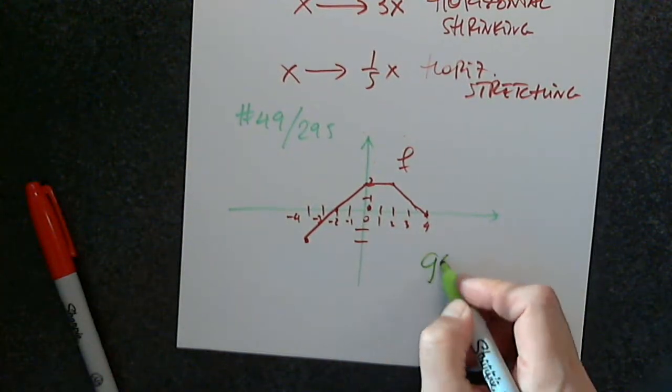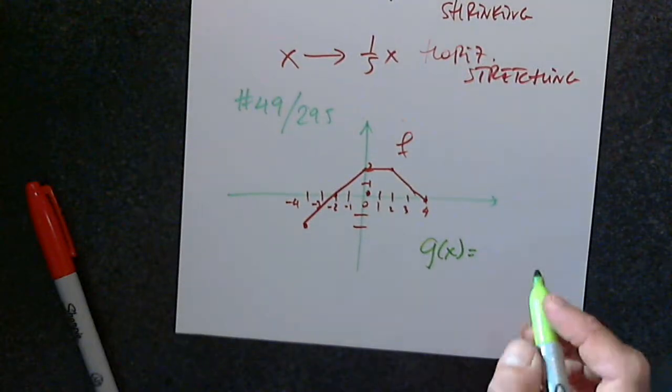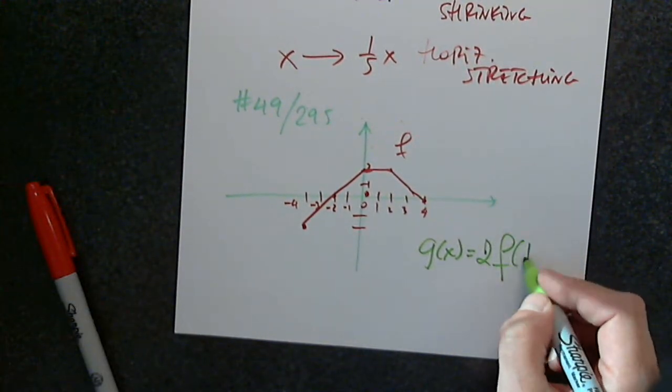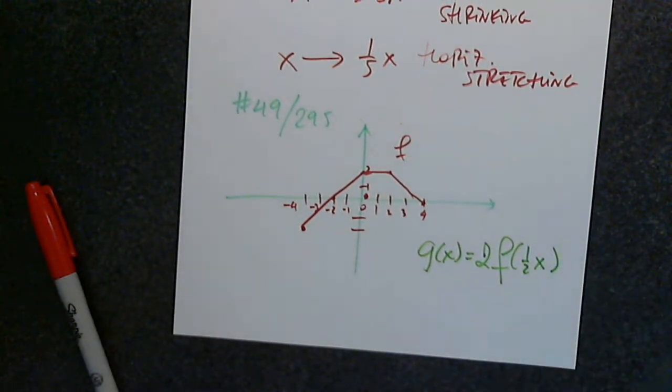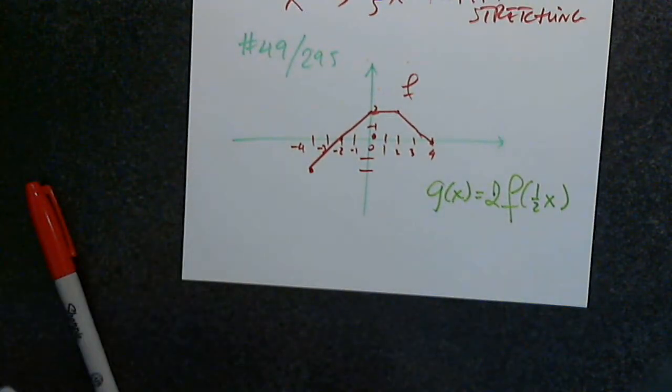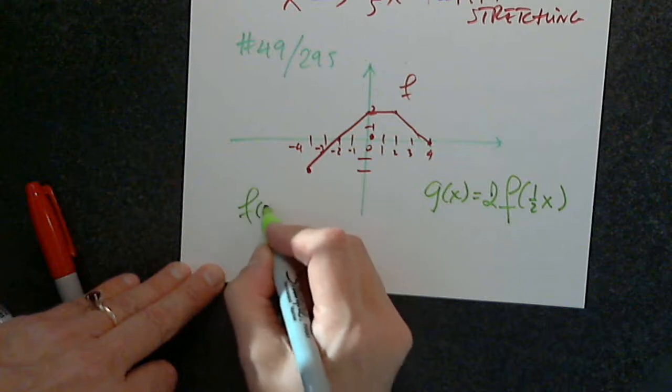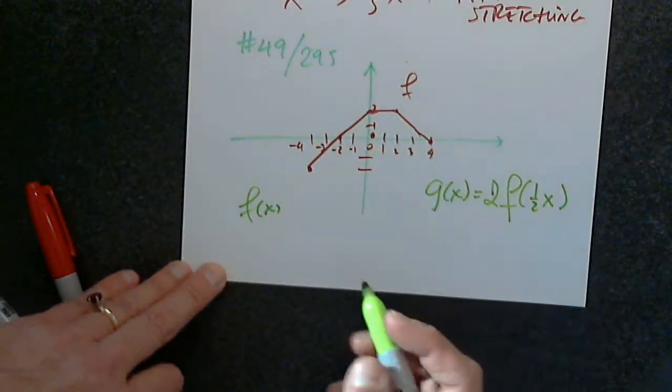g of x, which is twice f of 1/2 x. In order of operations, which is the first transformation we have to apply? Exactly. Very good. So the base function is f of x, which is given to us in the form of a graph.